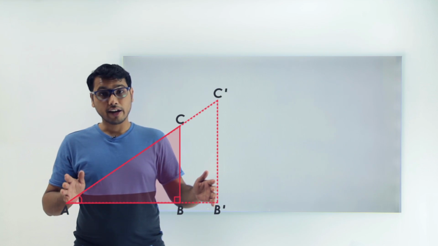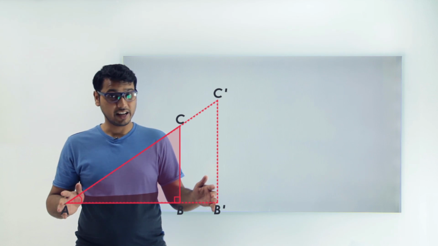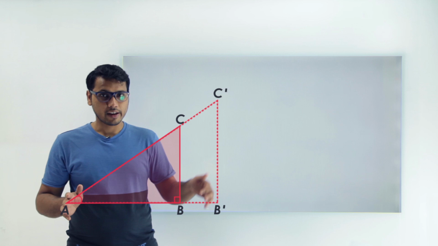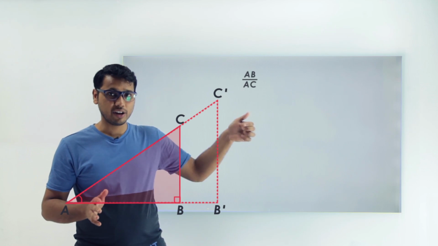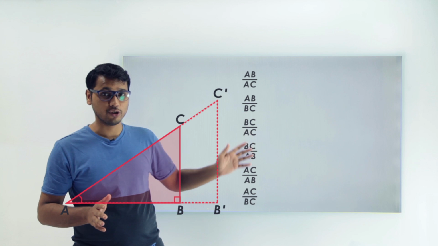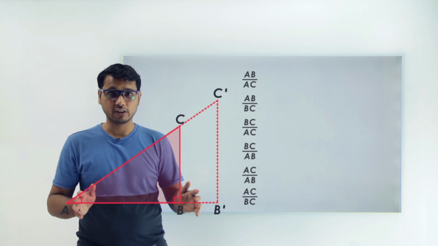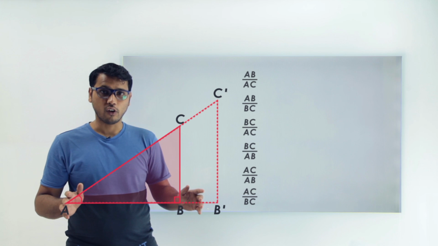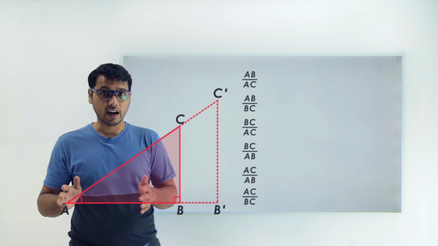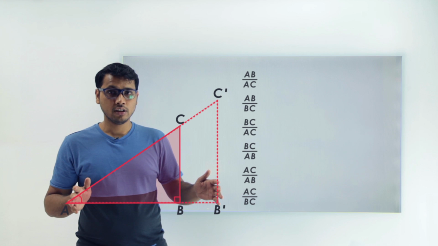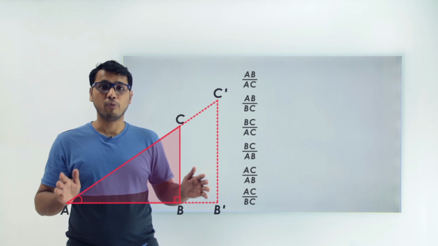Then in the first triangle, triangle ABC, if you find the different ratios AB upon AC, AB upon BC and so on, if you find all the ratios, then you will find out that the ratios are equal for triangle ABC and for triangle AB dash C dash. They will be same for both the triangles.